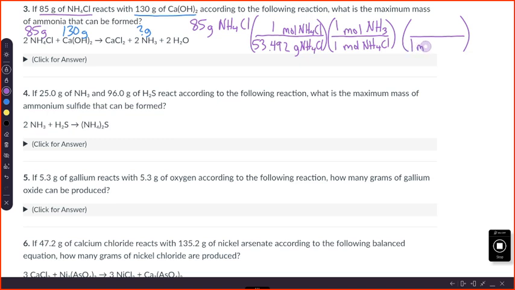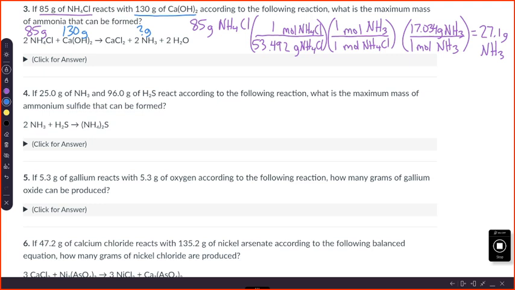And now 1 mole of NH3 to grams of NH3. 14.01 plus 1.008 times 3 is 17.034. Multiply across the top, divide across the bottom. And it looks like 27.1 grams of NH3.